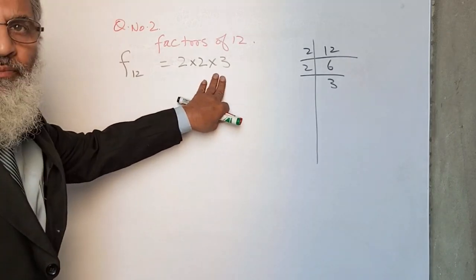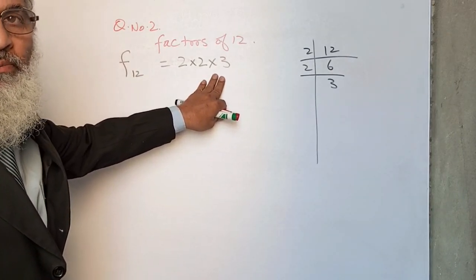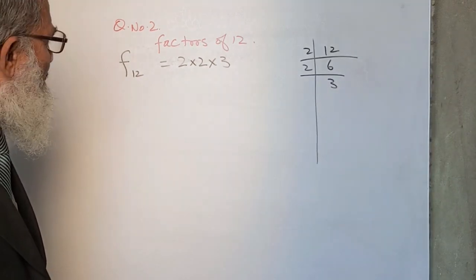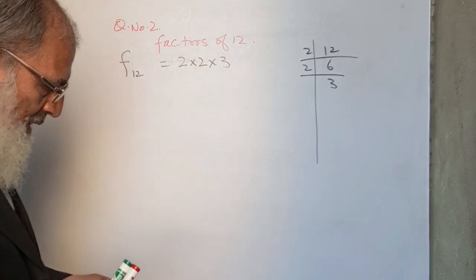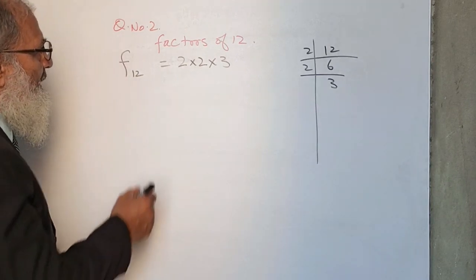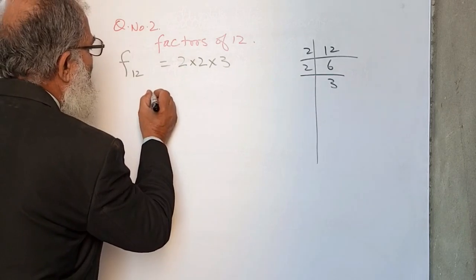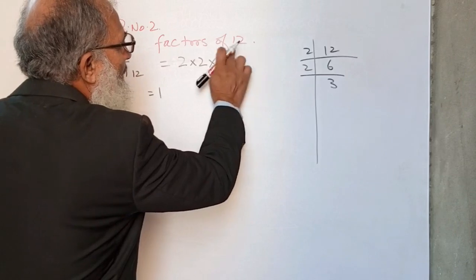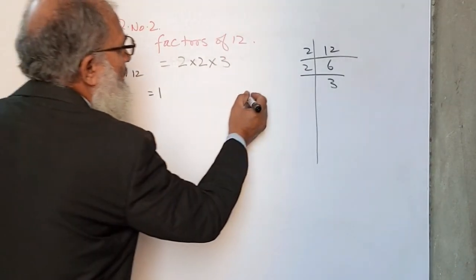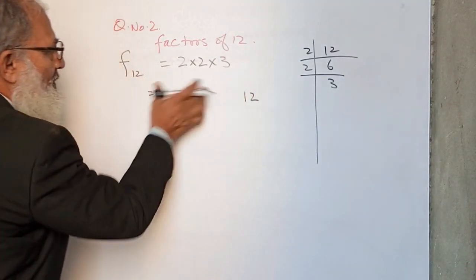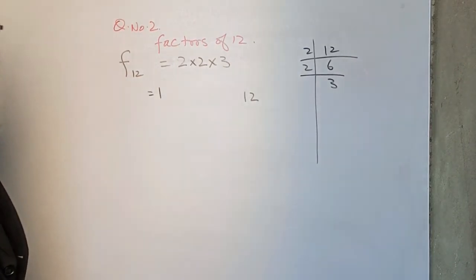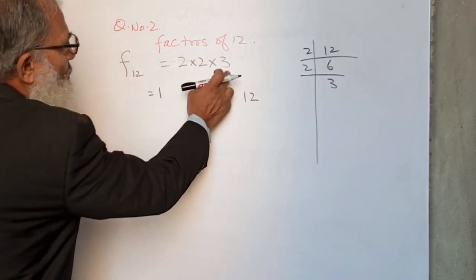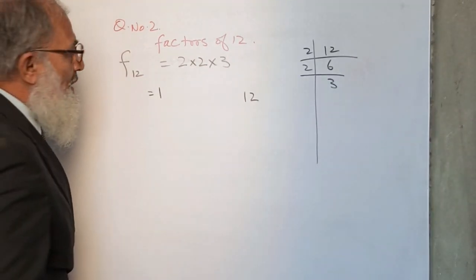Now these factors comprise the prime numbers only. But I told you in my lecture about factors that 1 is also a factor, and the number which is given is also a factor. So you see that we have come up with 2 more factors, and there is one more factor, and that is 6. 2 times 3 is 6.